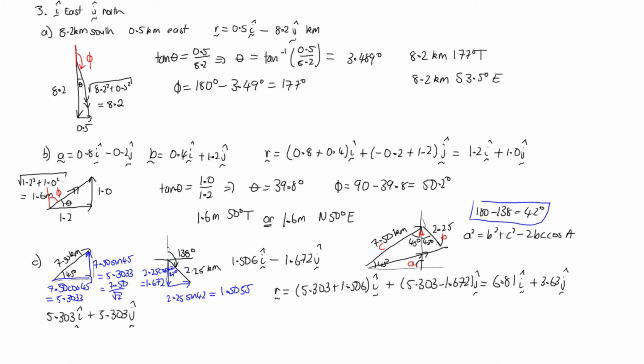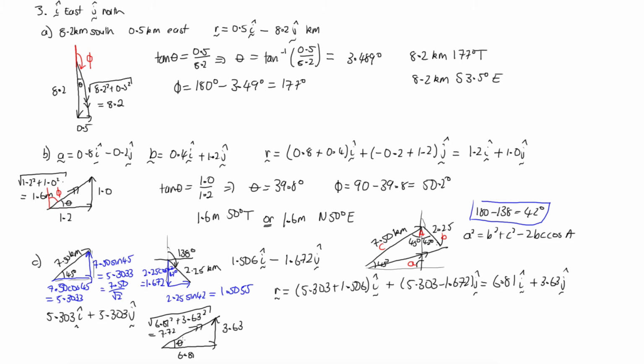And now if we want to find the bearing, we can just work out the magnitude and the bearing from this vector here. So we've got 6.81i, so this is 6.81, and then we've got 3.63j. To get the magnitude, we're working out the square root of 6.81 squared plus 3.63 squared, and solving that on the calculator, we get 7.72.